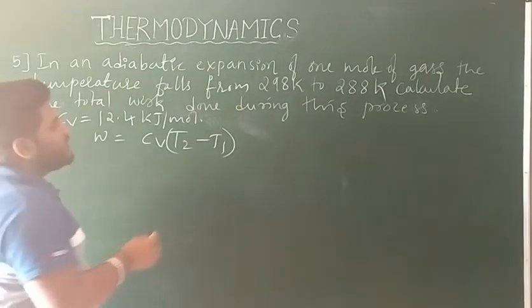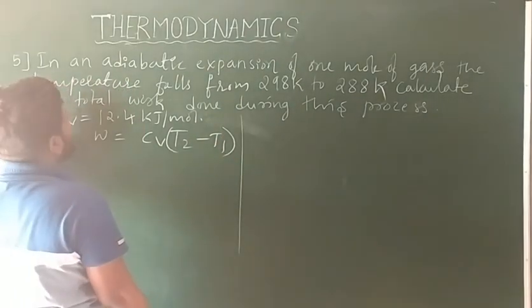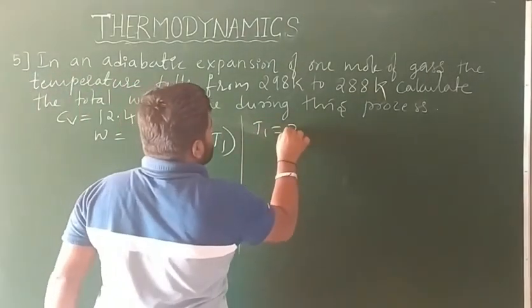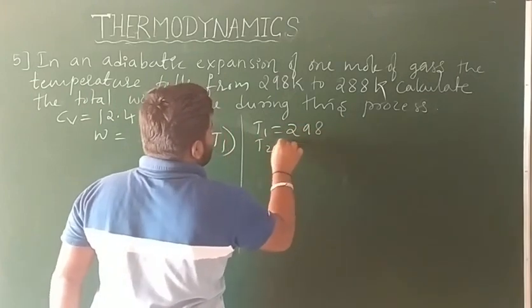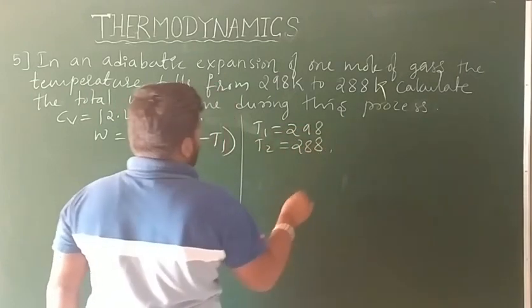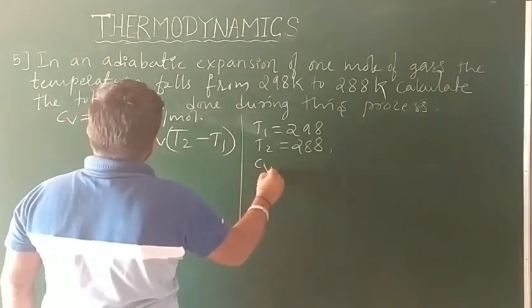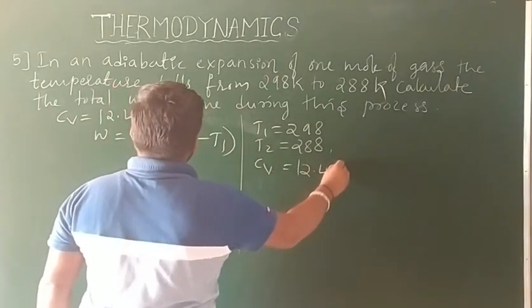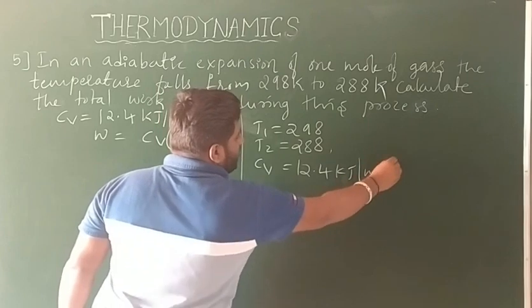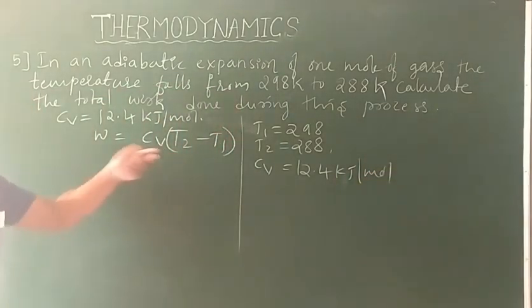So we have to write down the given data first. What are given, guys? T1 is given 298, T2 is given 288, and CV is given 12.4 kilojoule per mole. We have to put all these values in the equation.